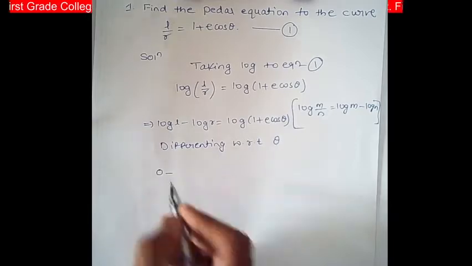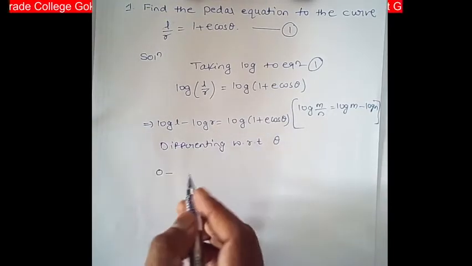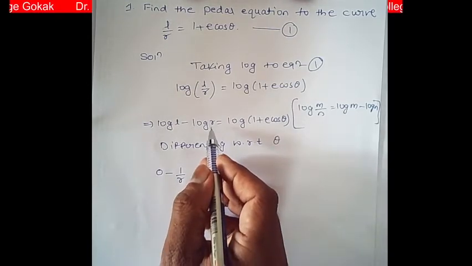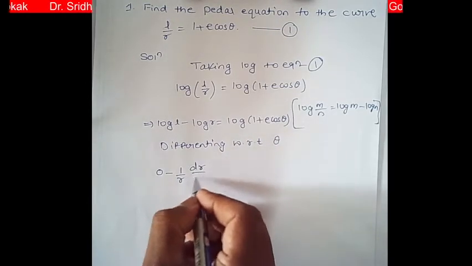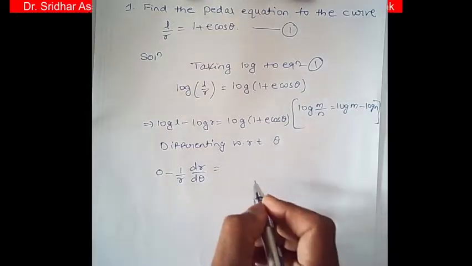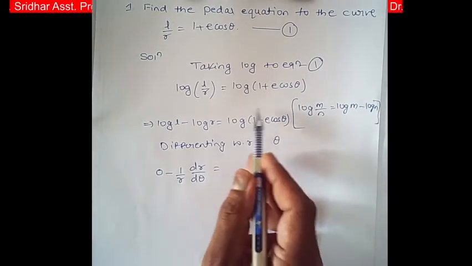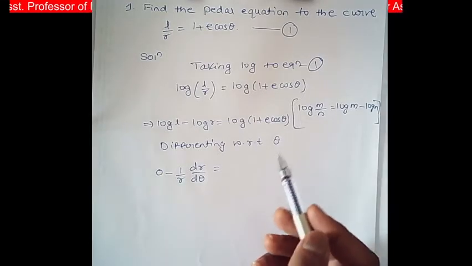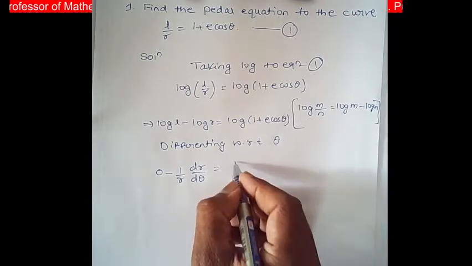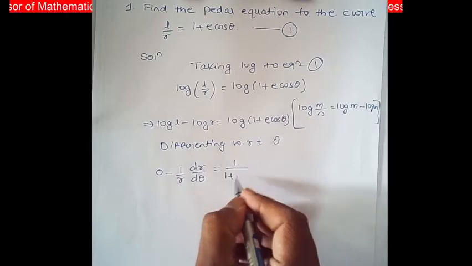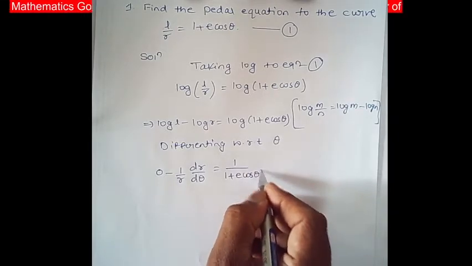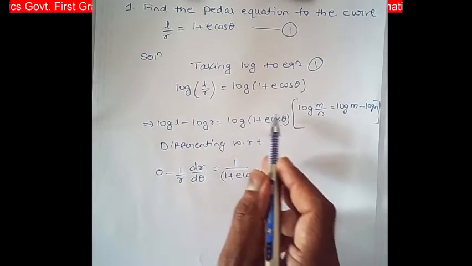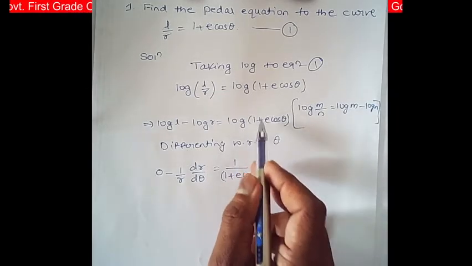Minus log R, differentiation is 1 by R. Then again applying chain rule, differentiation of R is dr by d theta. Now differentiation of log x is 1 by x. So this is 1 divided by 1 plus E cos theta. Then differentiation of 1 plus E cos theta again by applying chain rule.